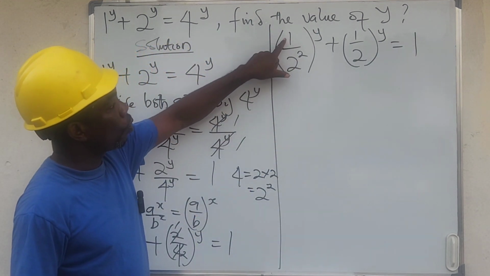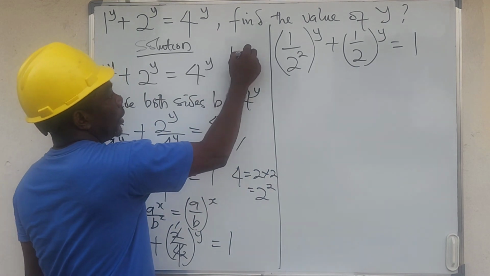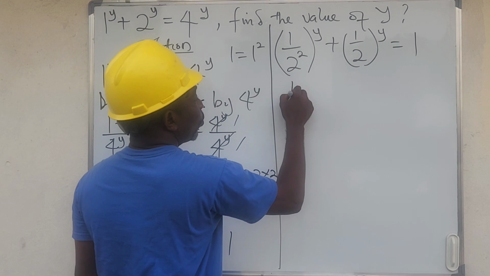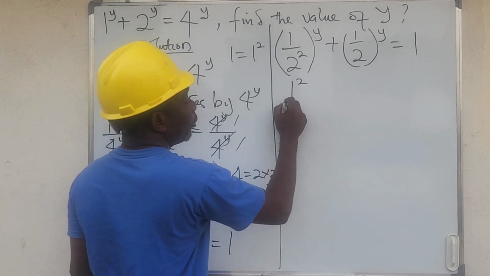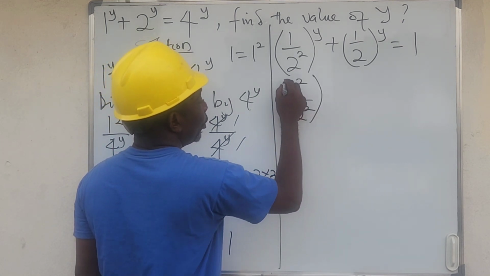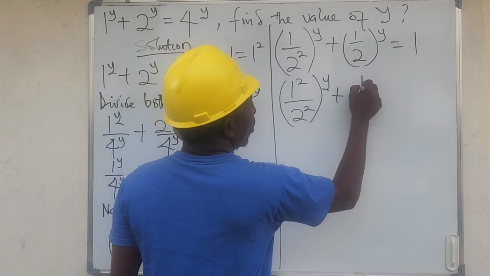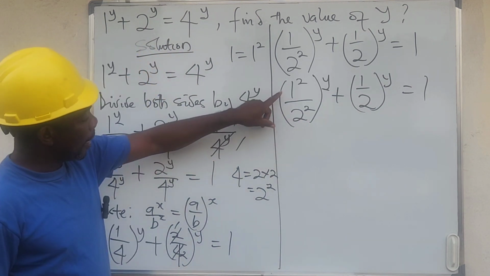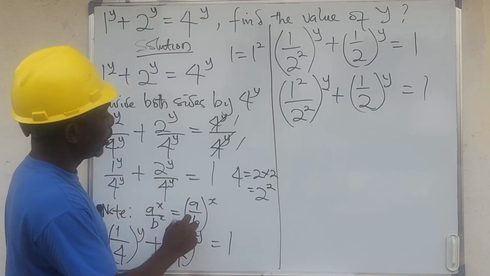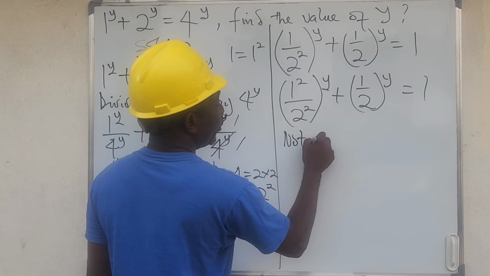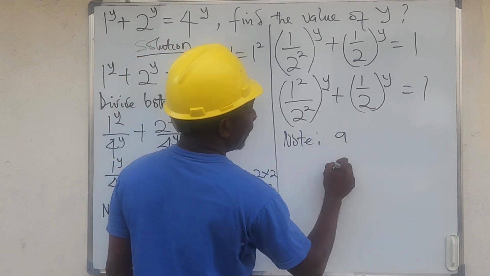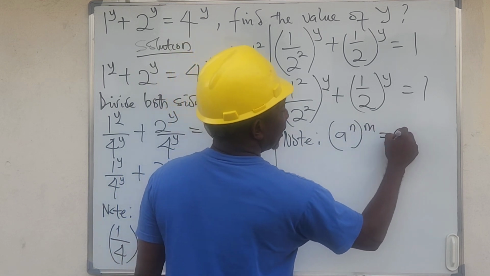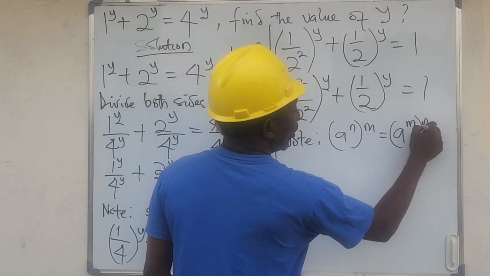Here we have 1. 1 is the same thing as 1 raised to the power of 2. So we can as well write here 1 raised to the power of 2 all over 2 raised to the power of 2 all to the power of y plus 1 all over 2 all to the power of y equals 1. Here we recall, we say note, when we have a raised to the power of m all to the power of n, it is the same thing as a raised to the power of n all to the power of m.